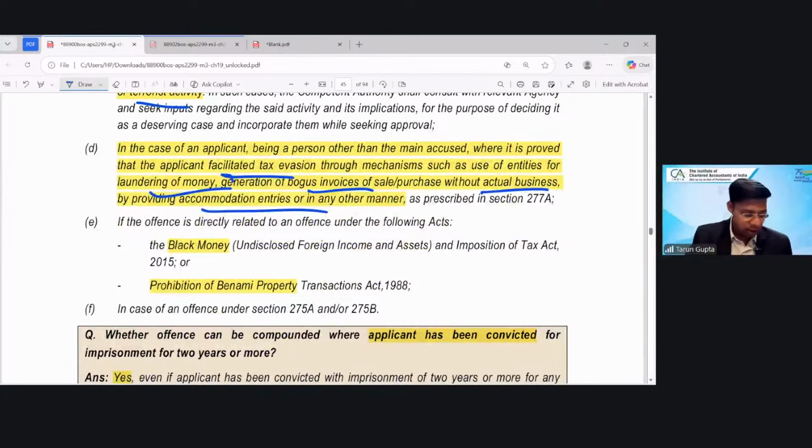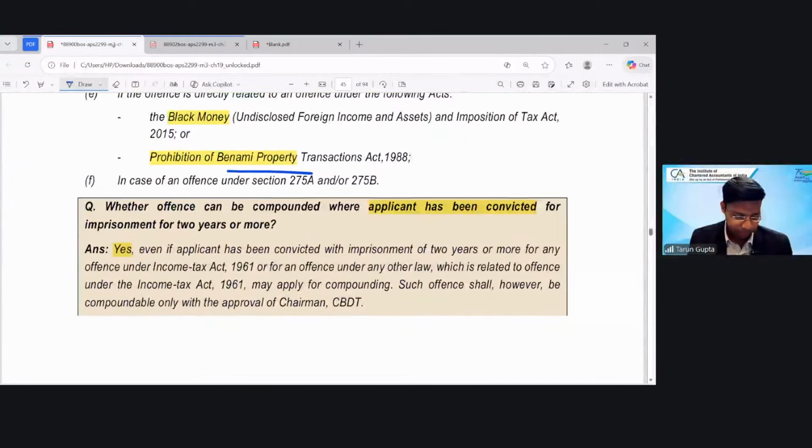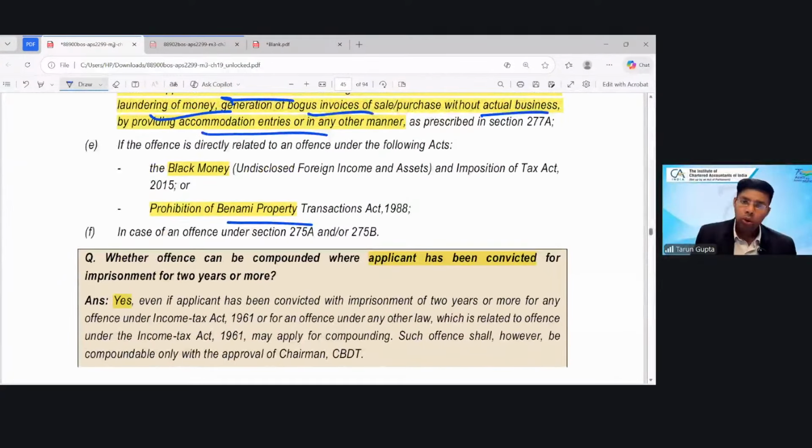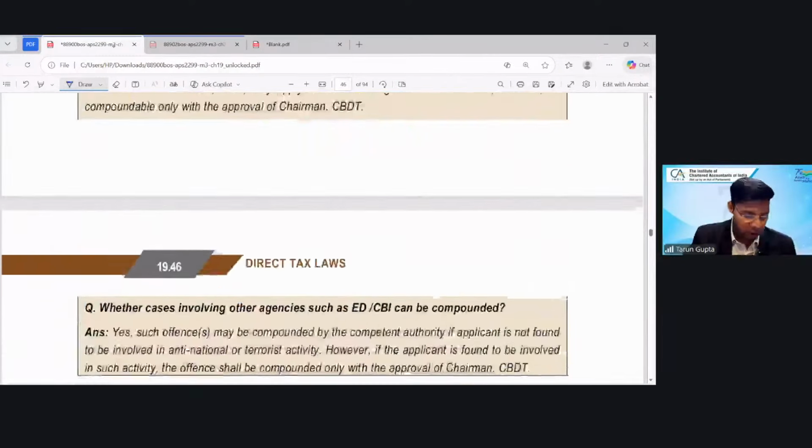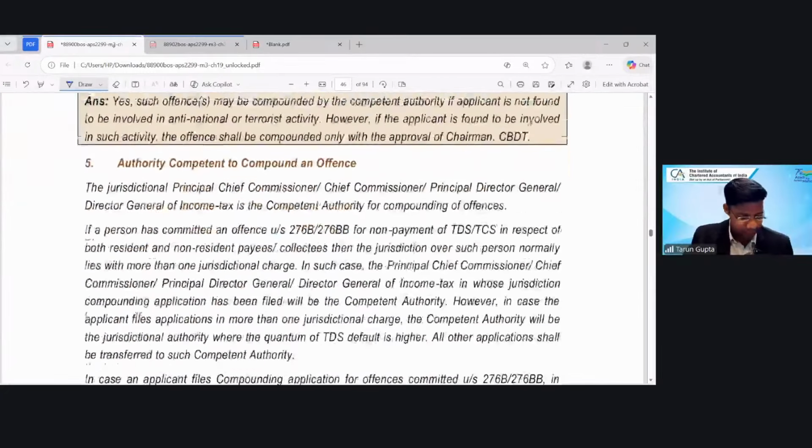Or if the offense is a declaratory offense under the Black Money or Prohibition of Benami Property Transactions Act. In all these cases, the approval of the CBDT chairman has to be obtained. So, even if the applicant has been convicted, the offense can be compounded.